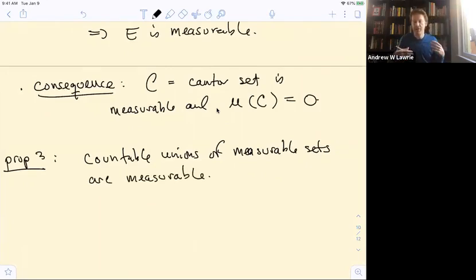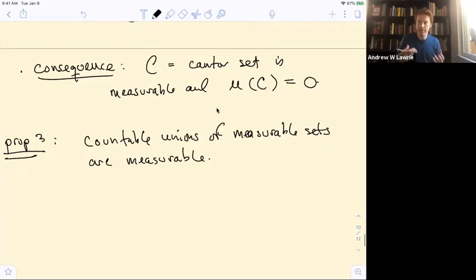So we can now start trying to think of the collection of measurable sets as an object, and property 3 is telling us that the collection of measurable sets is closed under countable union. So we're going to try and deduce some properties of the set of measurable sets.